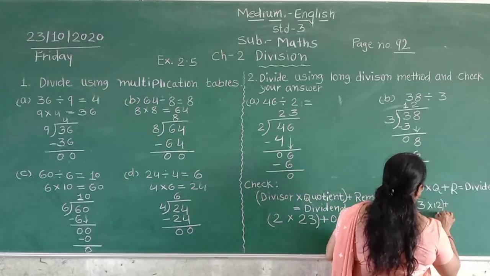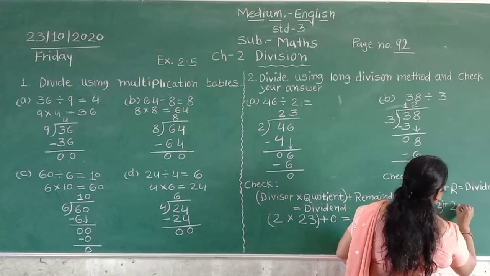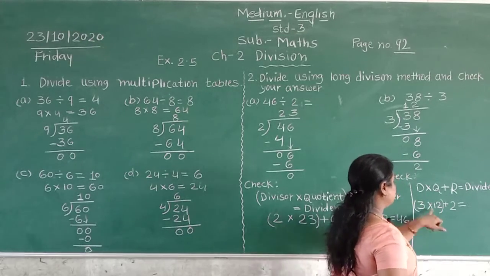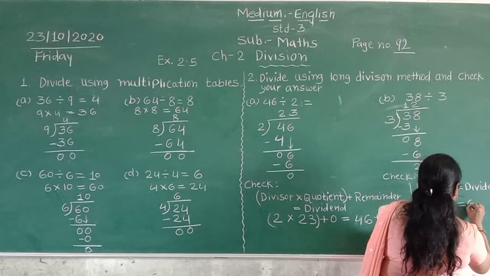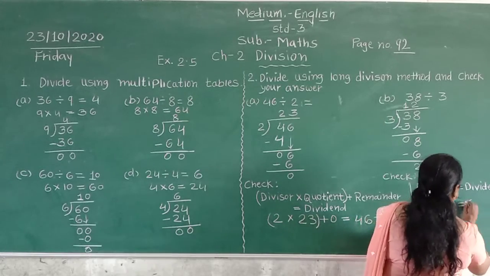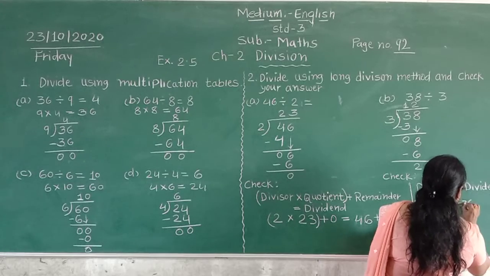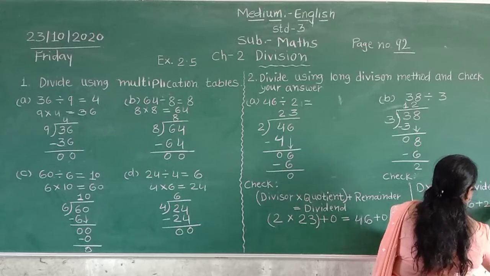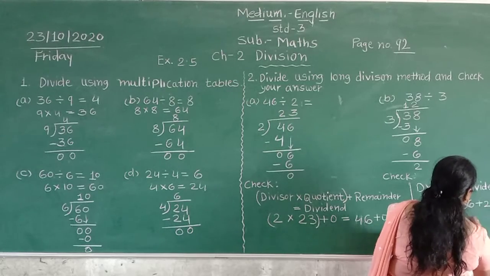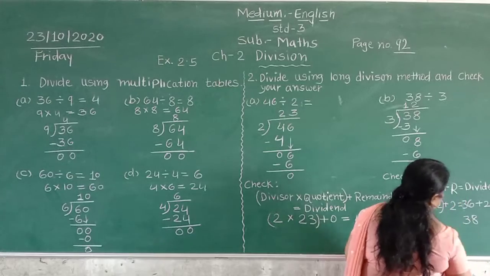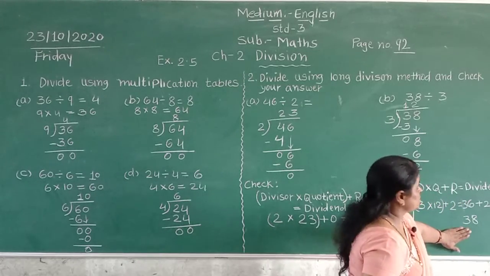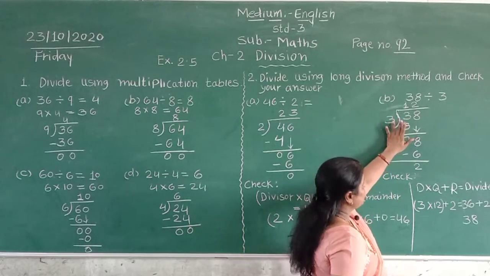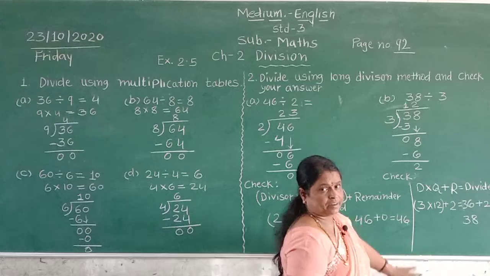Which number is the remainder? 2. So we write here 2. Now 3 multiplied by 12. 3 2s are 6, 3 1s are 3. 36 plus remainder 2 equal 38. So here our answer is 38 and here the dividend is also 38. So our answer is correct.